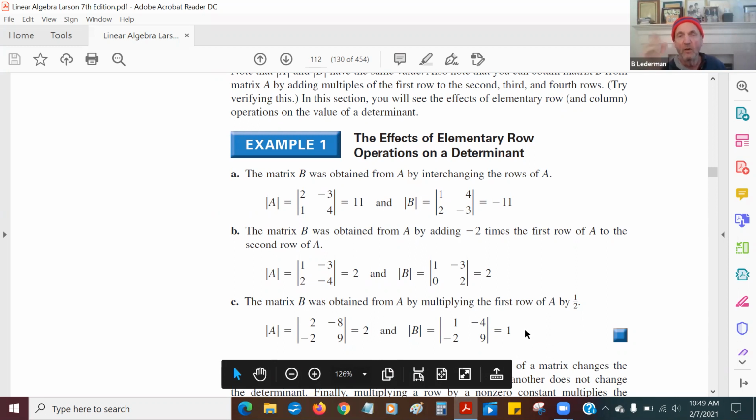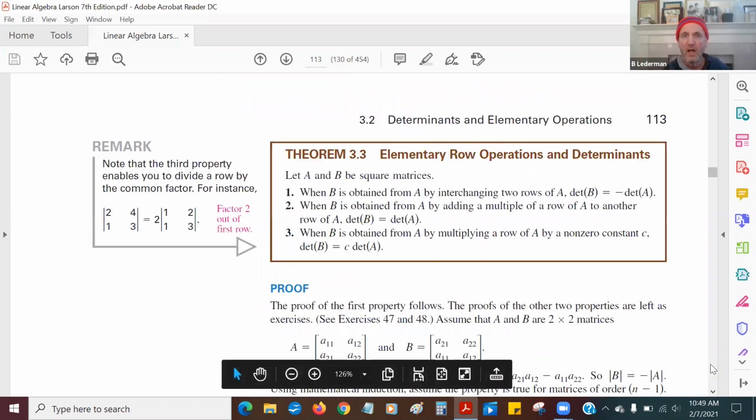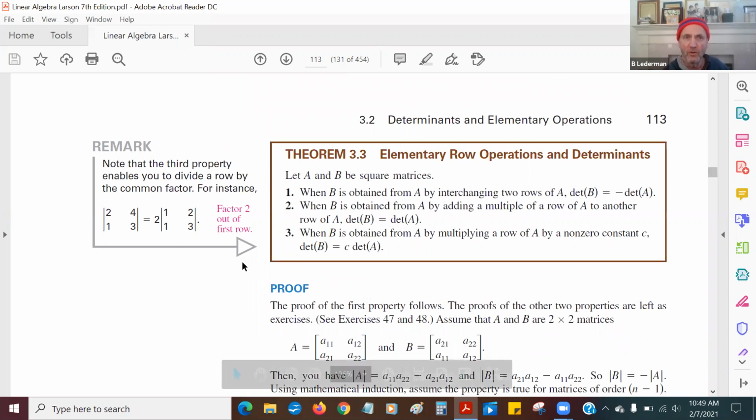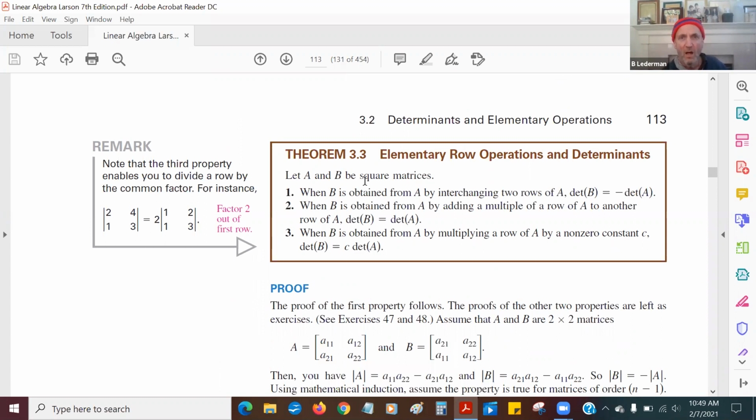Just showing examples of something doesn't prove it, but these are examples of what does indeed happen all the time. We're going to state it here in Theorem 3.3. Theorem 3.3 says that if A and B are square matrices, then when B is obtained by interchanging two rows, it makes the determinant negative.